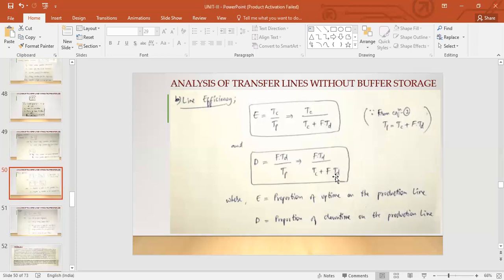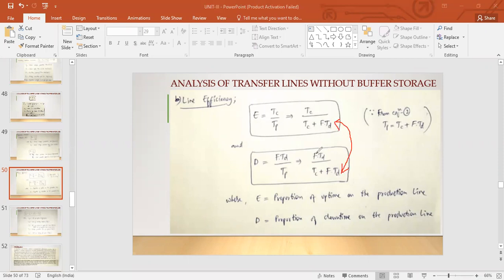Similarly for D, the proportion of downtime on the production line, you have this. So you see, what will happen if we add up E and D, the proportion of uptime and proportion of downtime? The denominators are the same, TC plus FTD. We can add up the numerators, right?